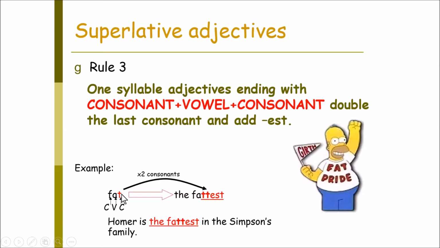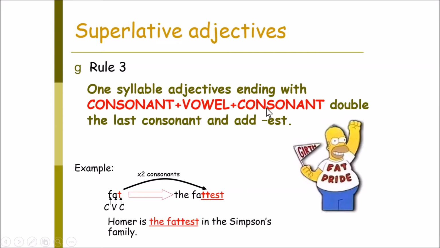So you have to double the letter T and add est. So the superlative form of this adjective is the fattest. So example, Homer is the fattest in the Simpsons family. So you are comparing Homer with all the family, all this group.